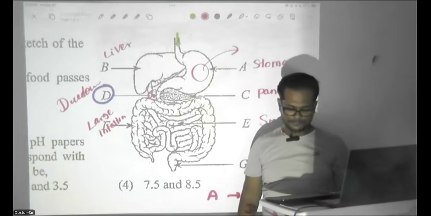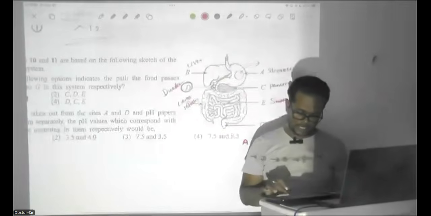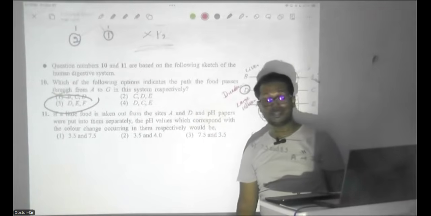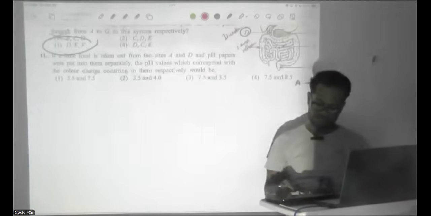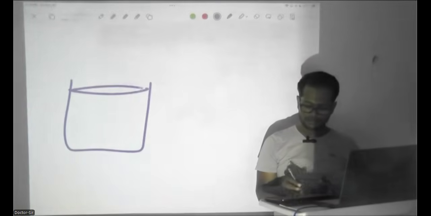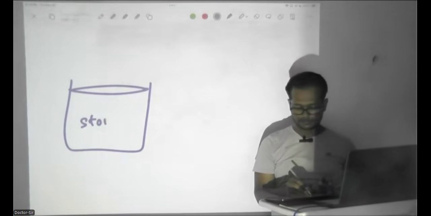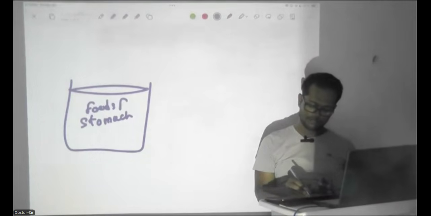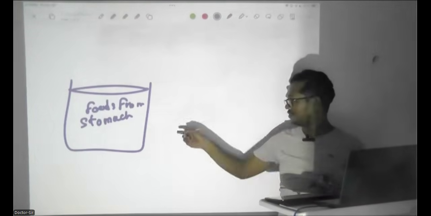Now they are asking, and pH paper is put into them separately. This is the scenario they are describing. We are taking some foods from the stomach, this is the one sample.